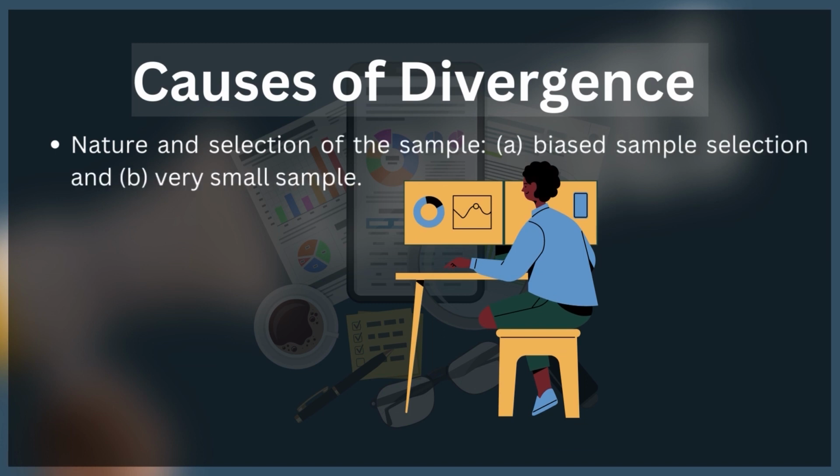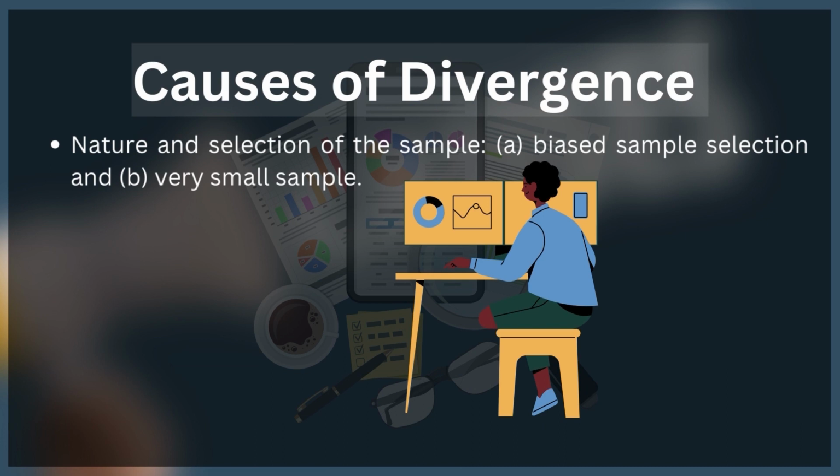If, for example, there has been a biased sample selection, that is, a selection made on the basis of certain criteria, which is more towards the researcher's bias or favoritism. Or if the sample is too small, then also there is a chance of divergence from normality.